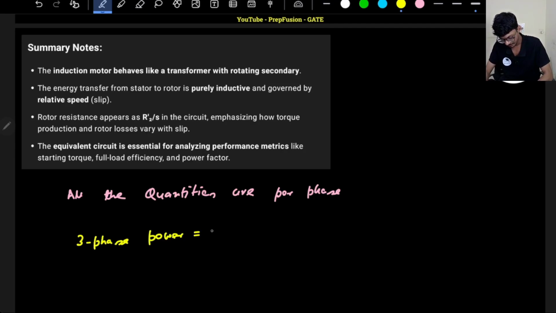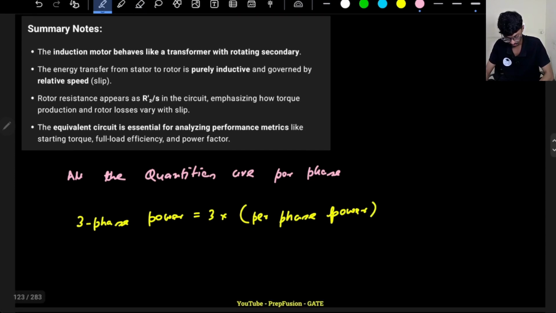I will simply multiply 3 into the per phase power. Please keep this in mind. Why can I simply multiply 3 into per phase power? Because the system will be balanced, because I'm providing a balanced three phase supply. So I can simply multiply 3 into per phase power, and that will give me the three phase power.